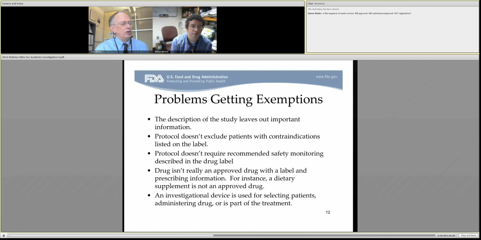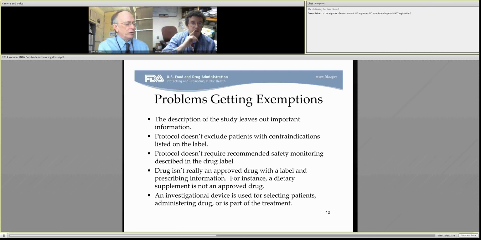And you're pushing the boundaries of exemption right there, because you're using a food supplement, presumably intending to treat a disease. So at this point, you're going to need to have some conversations with a review project manager, or request a meeting, or work out some details on how you can get moving on this project.